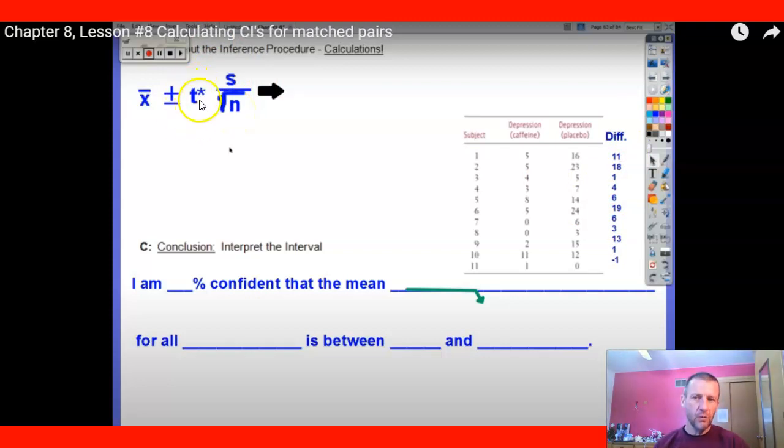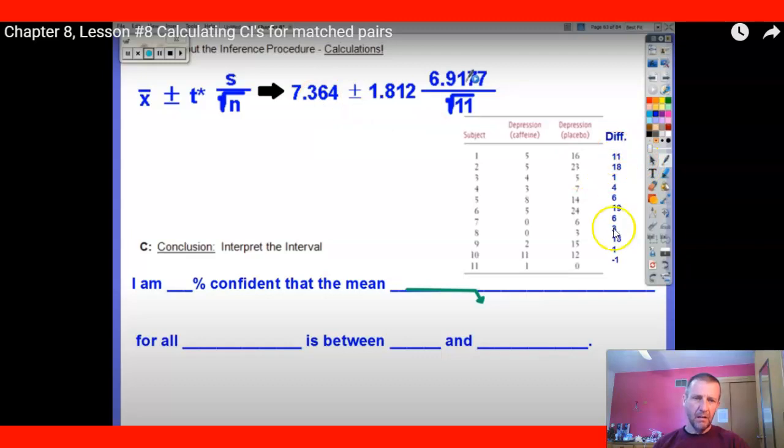We would have to do a little bit of work to find out what T star is. What is the critical T value for a sample of size 11, in other words, 10 degrees of freedom, and we would fill this in. I'm going to show you in a second how to do this in your calculator, and it's really easy. But he's going to go through and do the calculations first.